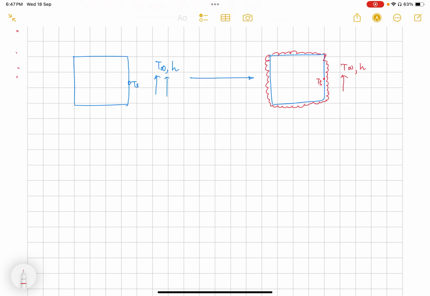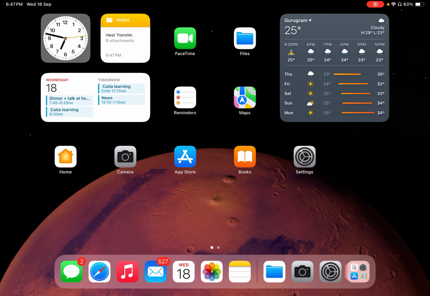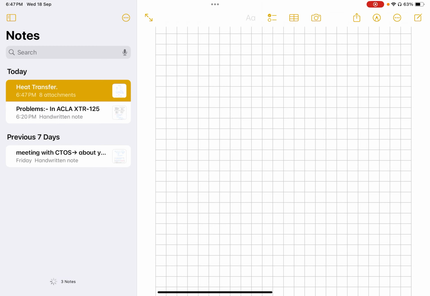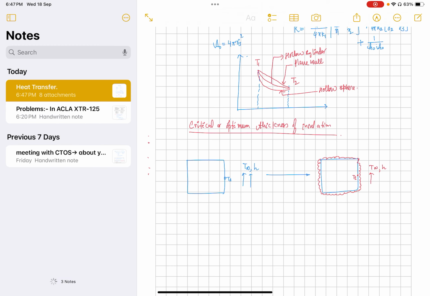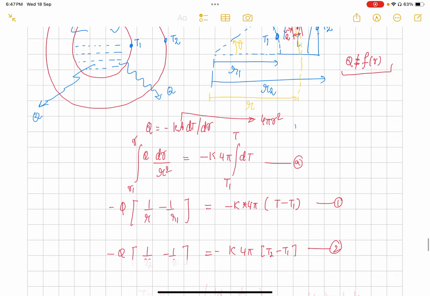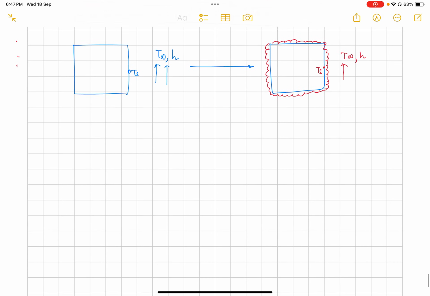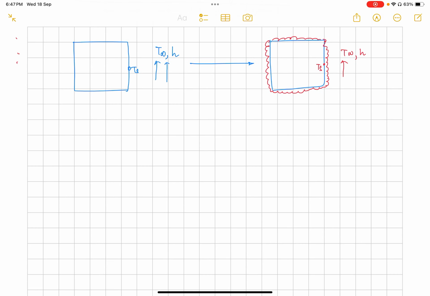Because of some inside phenomena, its inner surface temperature is maintained at Ts.